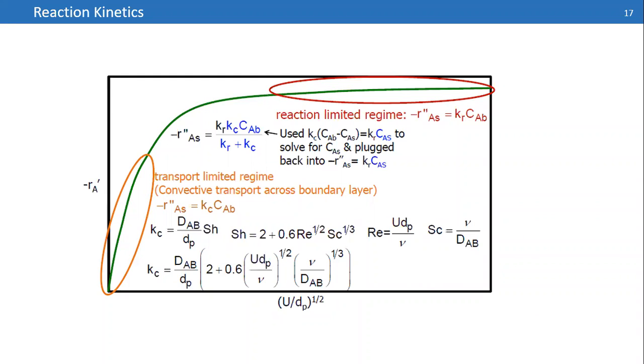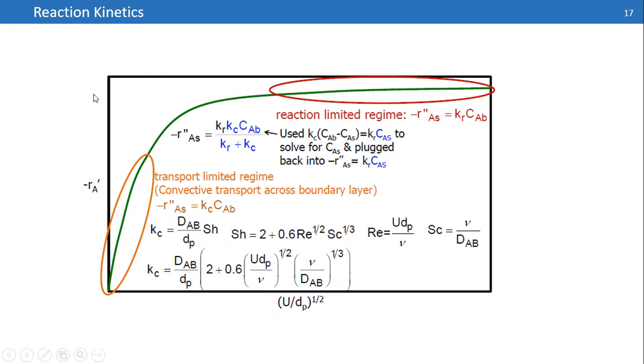And it's very important that you know what the rate limiting step of your system is. If your reaction is limited by, I don't know, external mass transfer, you can say, okay, if I increase the velocity, my reaction rate is going to increase.